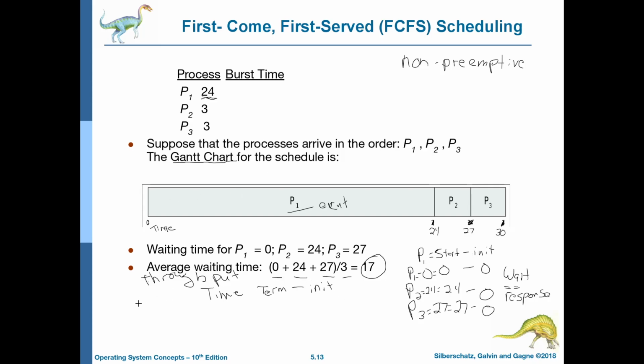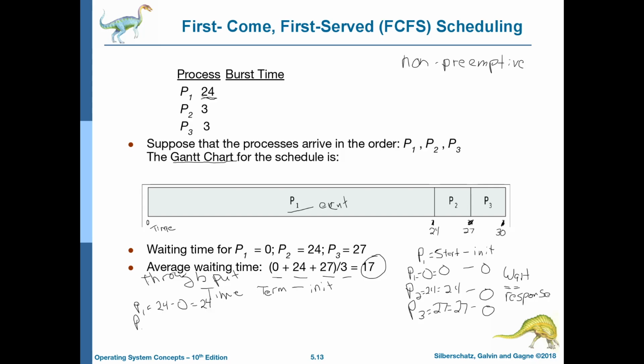So for process 1, its terminate time was 24. It initialized at 0, therefore process 1's throughput time is 24.